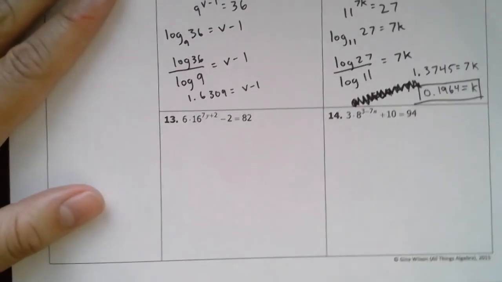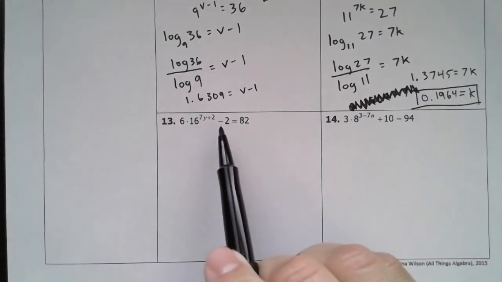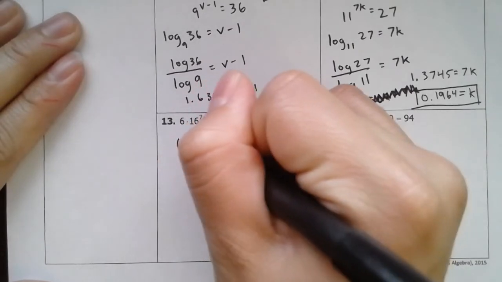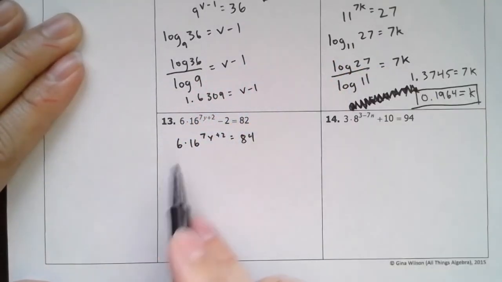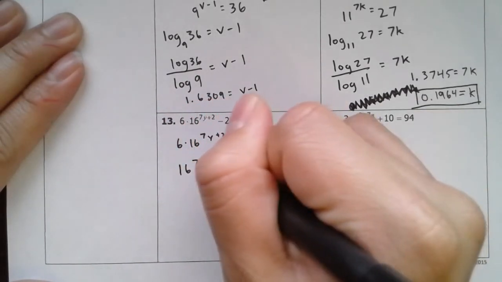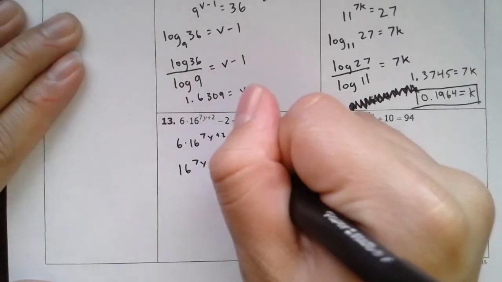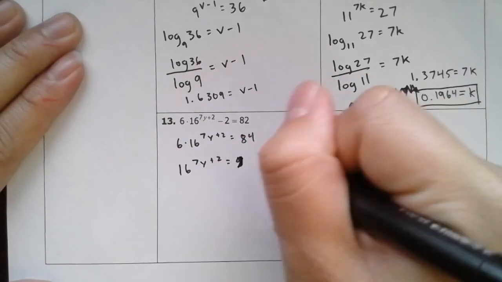The last two right here, first I'm gonna add 2 to both sides, so I get 6 times 16 to the 7y plus 2 is equal to 84, and then I divide by 6, and I get 16 to the 7y plus 2 is equal to 84. No, sorry, not 84. 14.